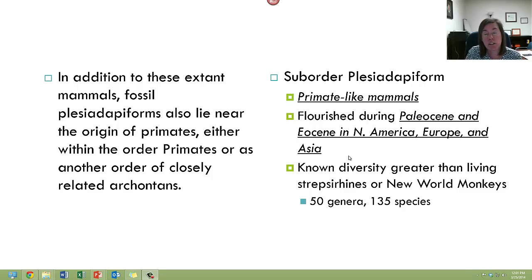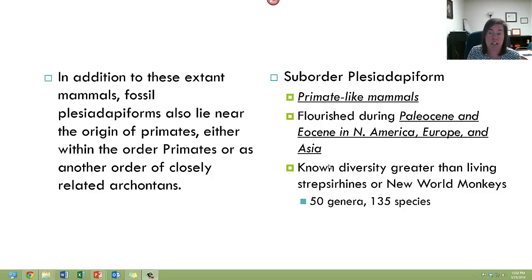So notice these are the earliest primates, or primate-like mammals, that we know of. And they are all from North America, Europe, and Asia, not normally where we consider the evolution of primates to have occurred. The known diversity of these plesiadapiform primates is greater than living strepsirhines or New World monkeys.